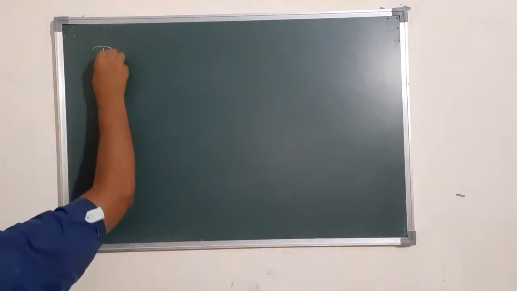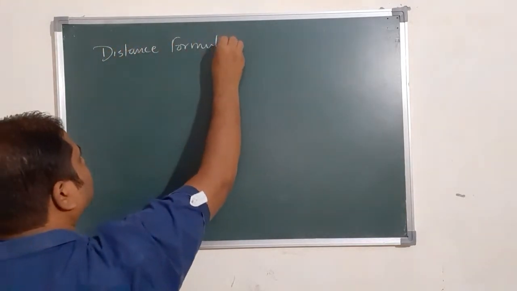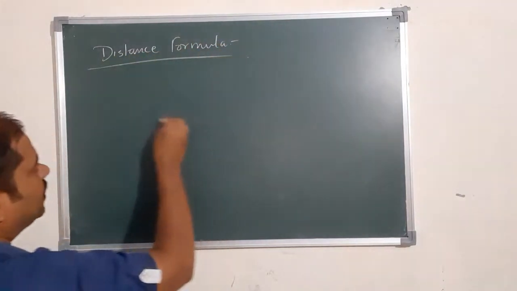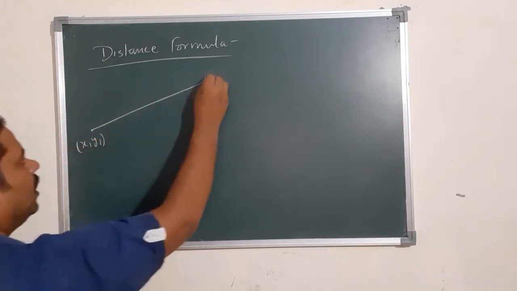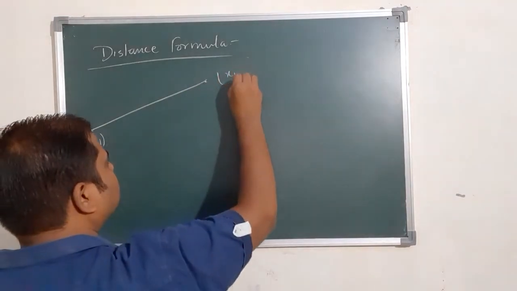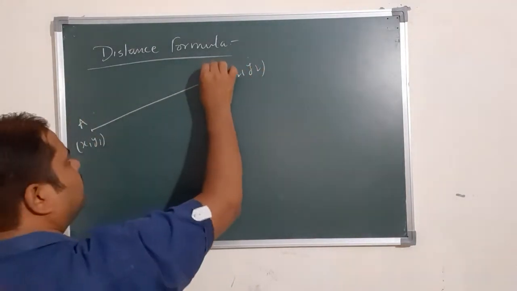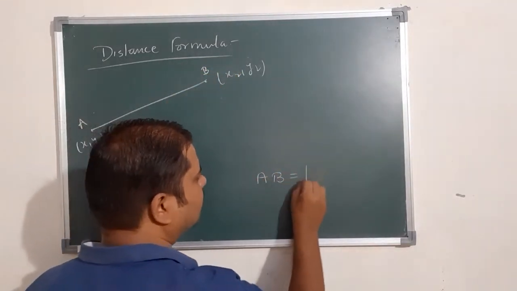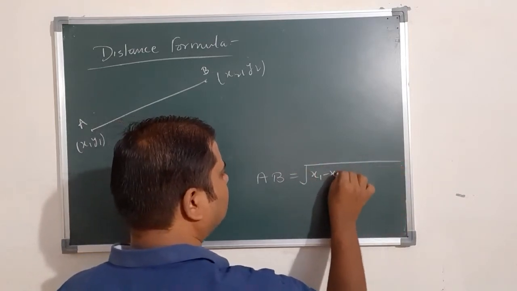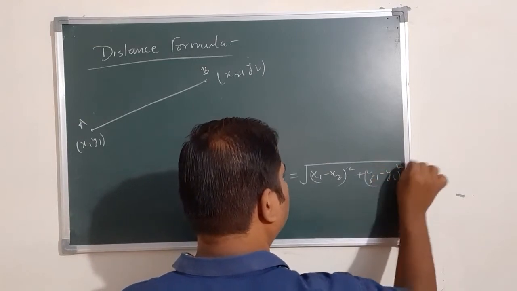Distance formula. If we consider this point as (x1, y1) and this point as (x2, y2), and this is the point A and this is the point B, then the distance between these 2 points is known as AB, and this is nothing but root of (x1 minus x2) whole square plus (y1 minus y2) whole square.